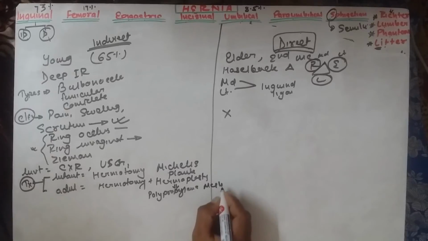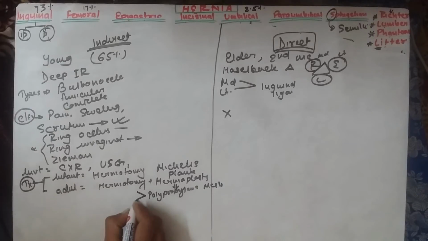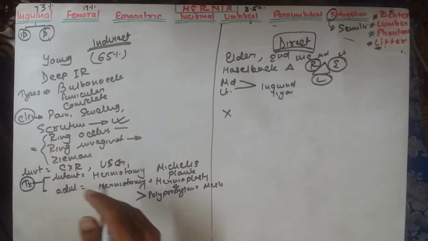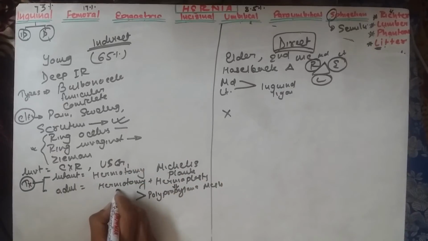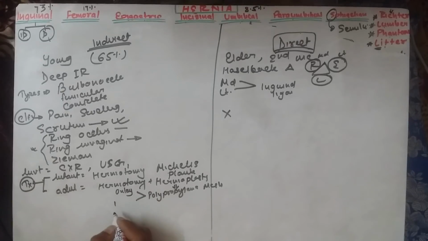Polypropylene mesh can be kept either above or below the conjoint tendon. If we are putting it above, that will be called onlay, and if we are putting it below the rectus abdominis muscle, that will be called inlay type of hernioplasty.